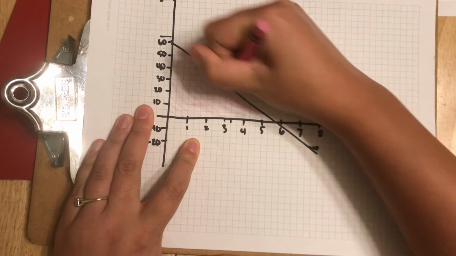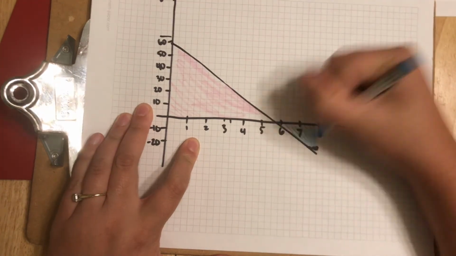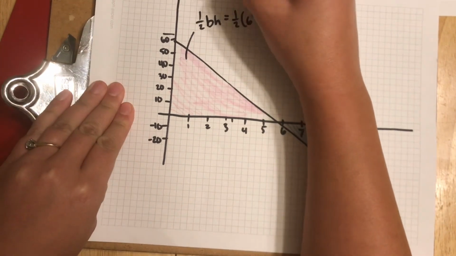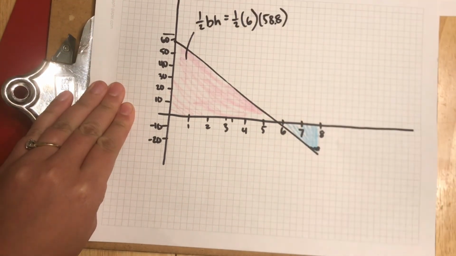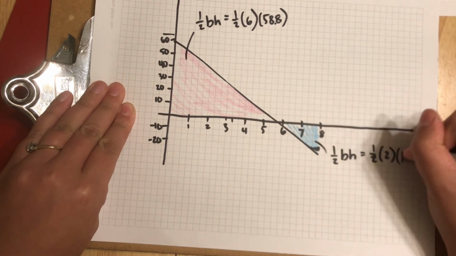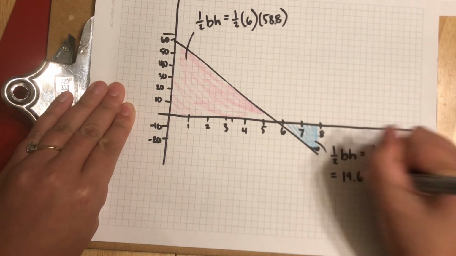If I want to find the height of a building, I know I'm taking area under the curve. So the area of the pink triangle is 1/2 times 6 times 58.8. The area of the blue triangle is 1/2 times 2 times 19.6, or 19.6.